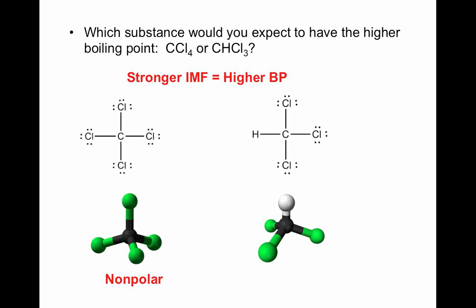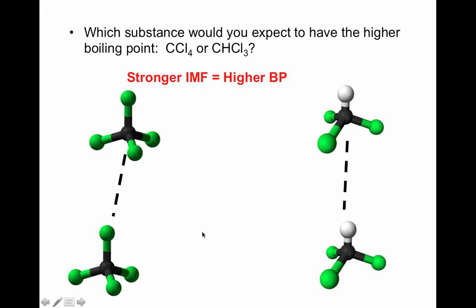And so CCl4 is going to be nonpolar. In the case of CHCl3, because I have the hydrogen atom here, the molecule is asymmetric, and so there's going to be a net pull of the electrons down towards the chlorine atoms, and so the molecule will be polar.